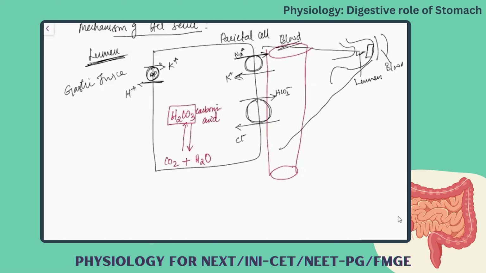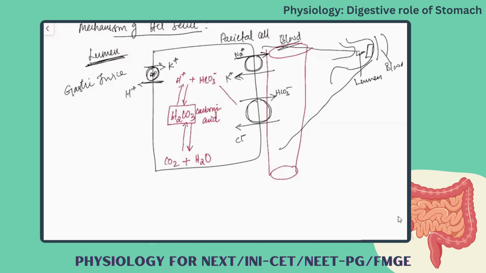This carbonic acid is a very unstable compound, so it will easily get converted into bicarbonate plus H plus. This will happen continuously. Okay, so next, what happens?